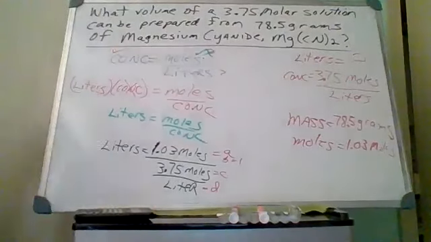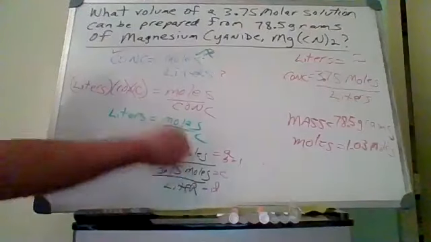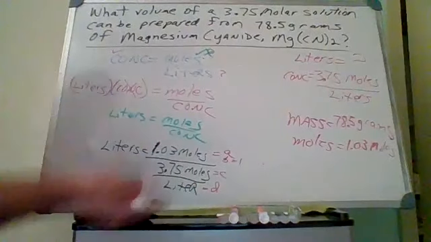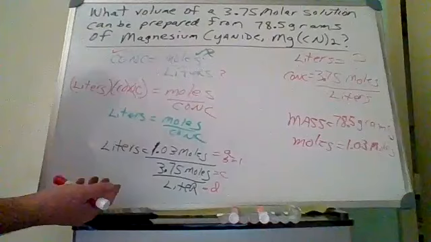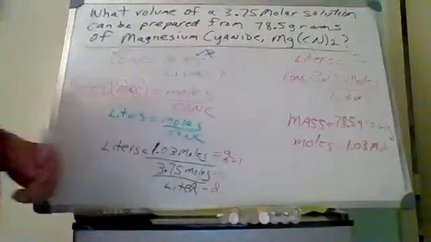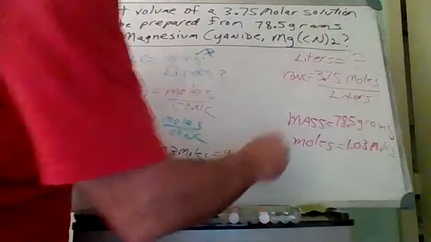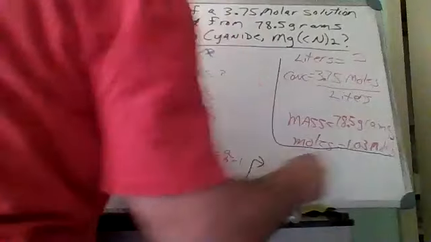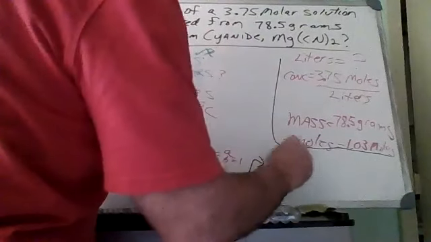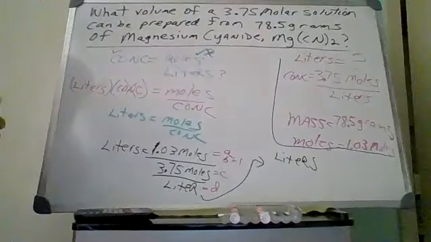Okay, so I know that this set of units is going to reduce to liters. All right, now I've run out of room. You should be going straight down to paper. I've run out of room, so I'm going to bring it over to here. All right, so I'll put my final answer here. Liters, and again, I apologize for that, but my board is only so big.